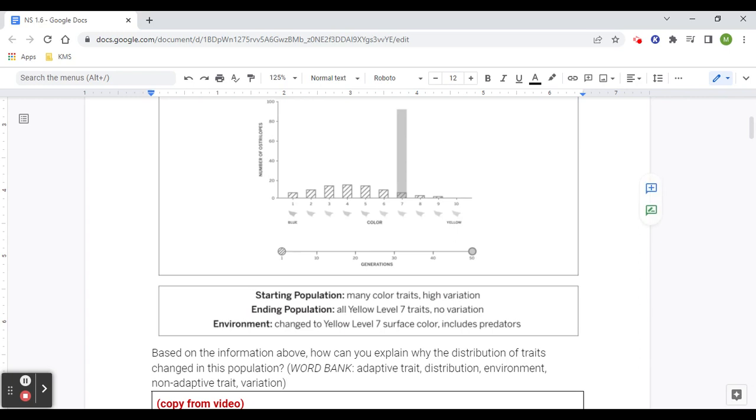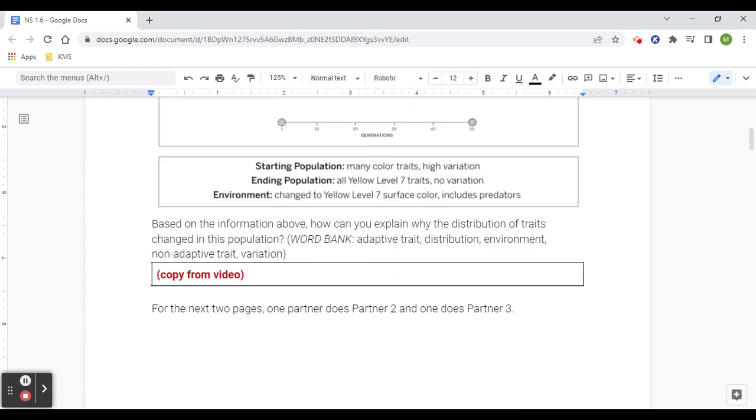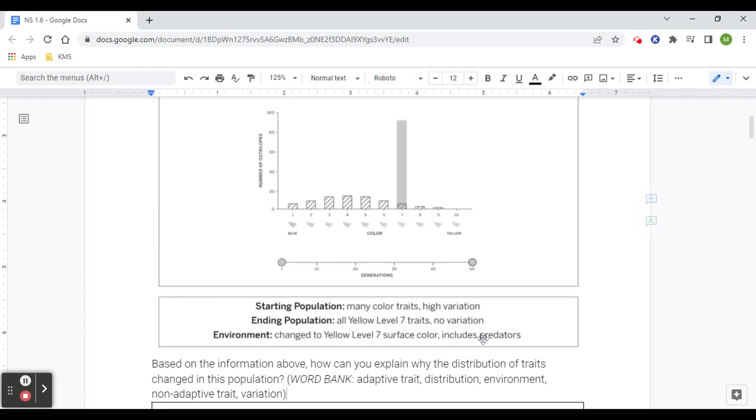Okay, and the adaptive traits became more common over time, and the other traits that were non-adaptive eventually disappeared from the population because these australopes with the non-adaptive traits were more likely to be eaten by predators and die, so they cannot pass on their color trait.